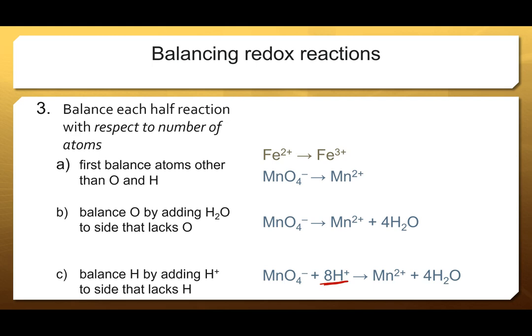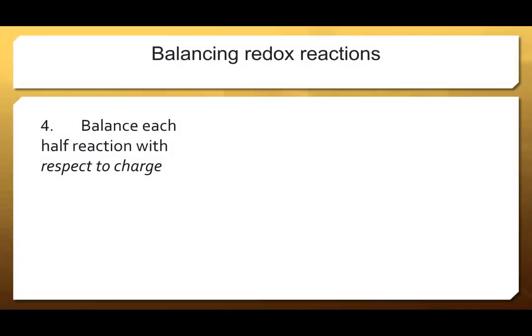Okay. All right, so that was step 3, balance each of the half reactions with respect to atoms. Now that we have them balanced with respect to atoms, now we need to balance them with respect to charge, or balance the electrons. So our first one was Fe2+ becomes Fe3+.